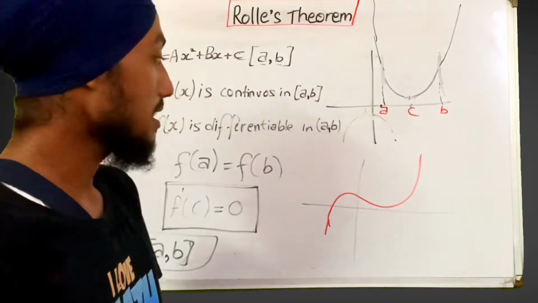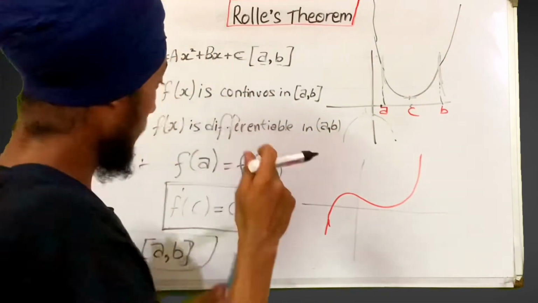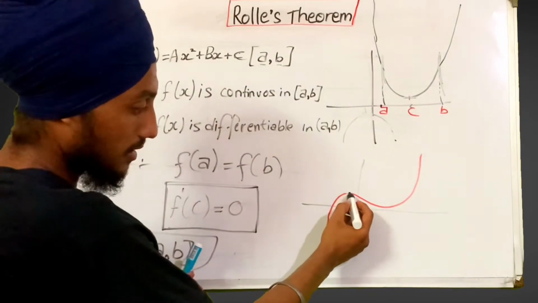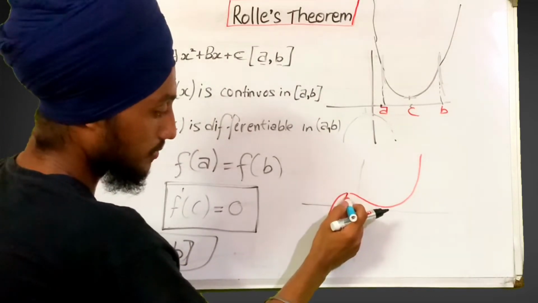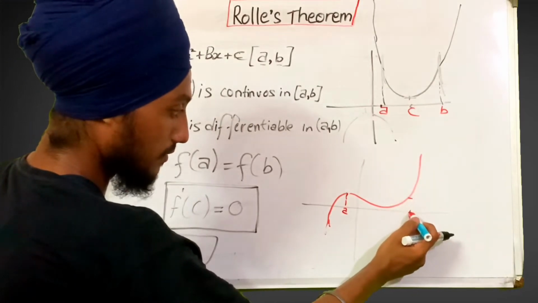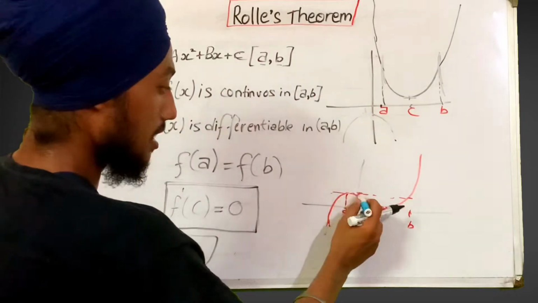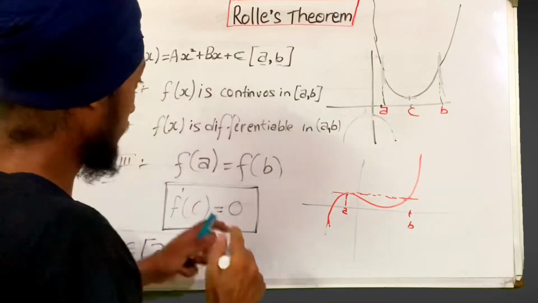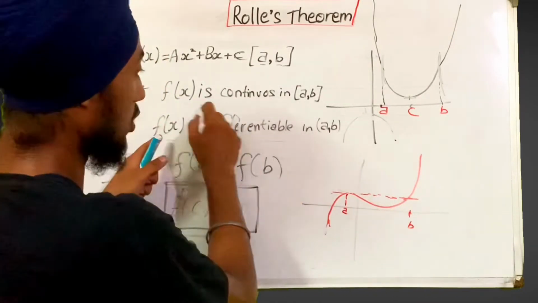I hope you learned this properly. It just says that if a function is such that, let's suppose this is a and this is b, we know that f(a) and f(b) are equal. This case applies to this cubic polynomial, and f(x) is also differentiable at every point as it is a continuous function.